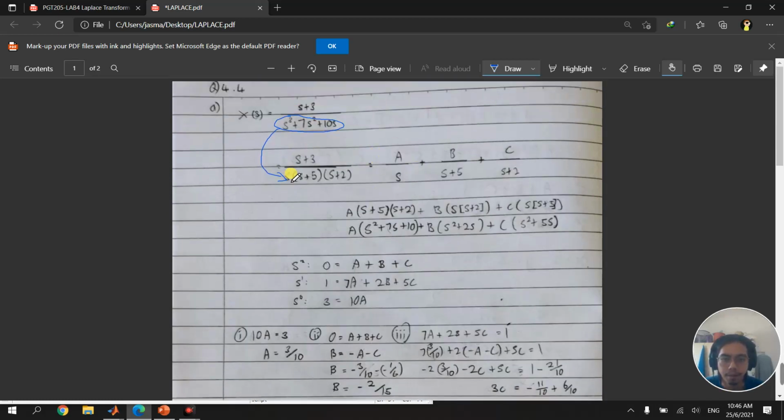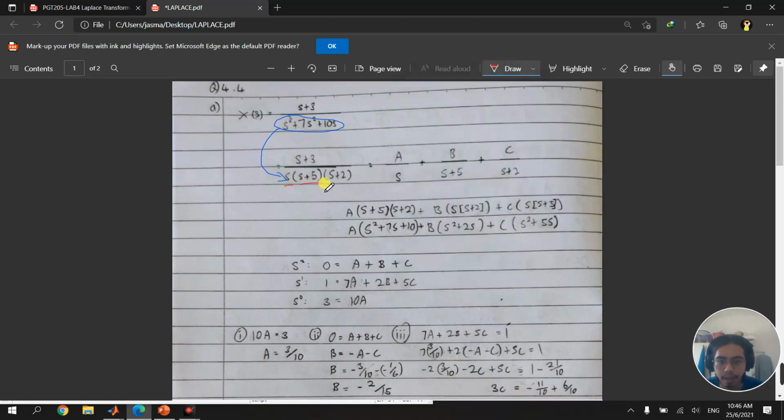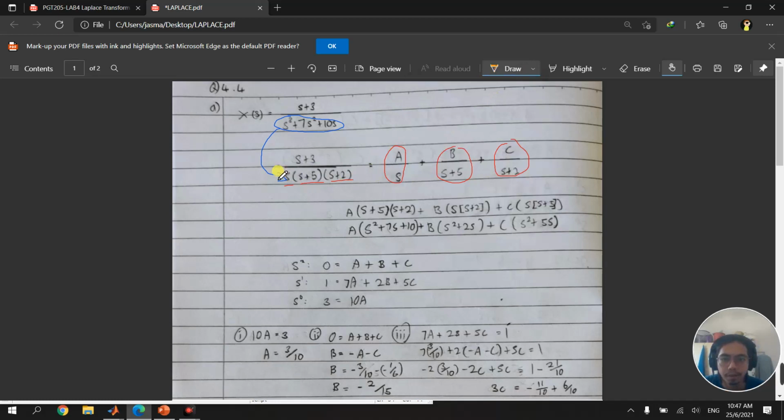Then from there we can break it into three: s, s plus 5 and s plus 2. Then we get all this equation here. Then each of these will be timed with all of this.